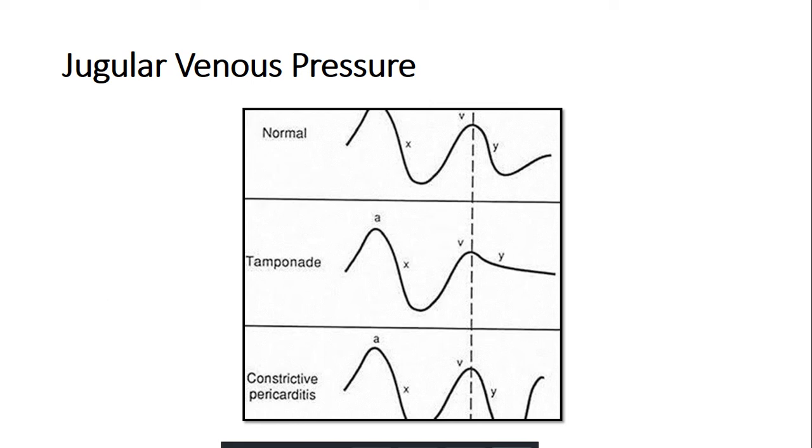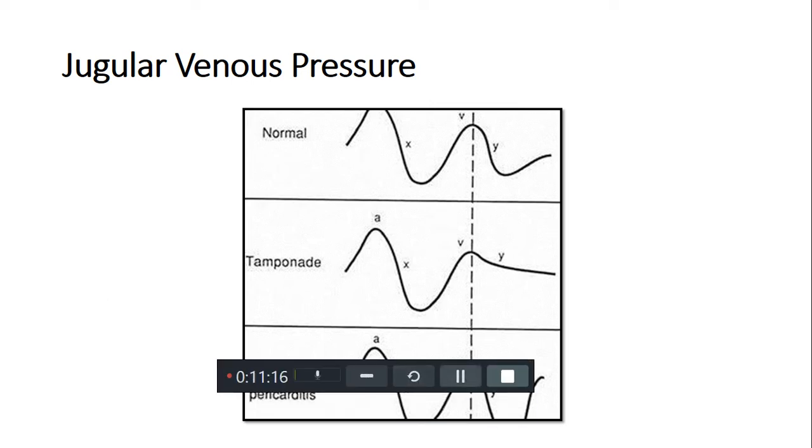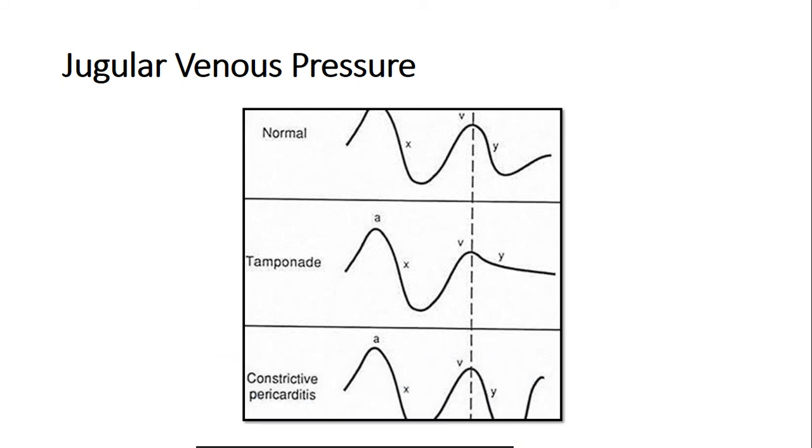In constrictive pericarditis, the X descent is going to be steep and deep because the contracting right ventricle will pull the right atrium downwards.